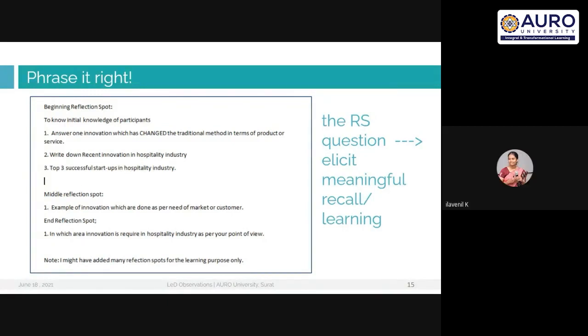Yeah, totally agreed, ma'am. But I will just say why I think this has come up. It is because the entire topic, which is covered over a week or over an hour, is about businesses as a general word, as you have said. It doesn't really focus only on hospitality.